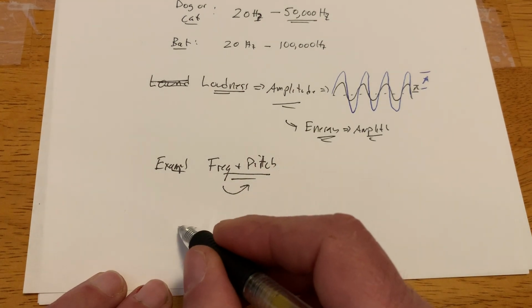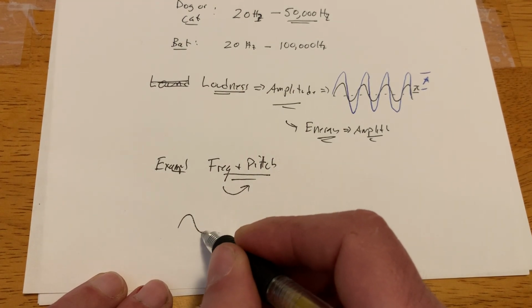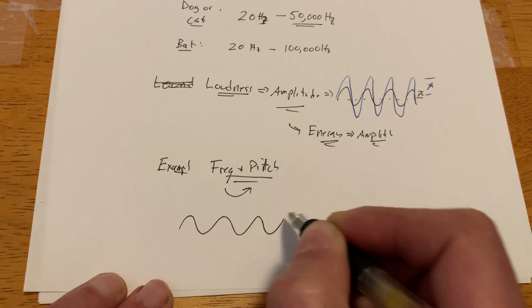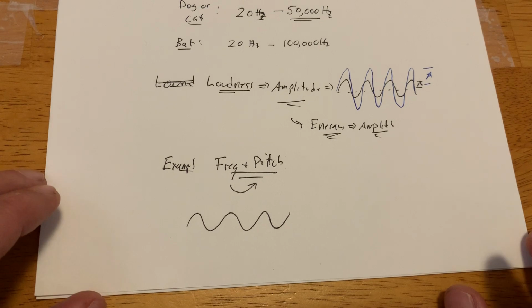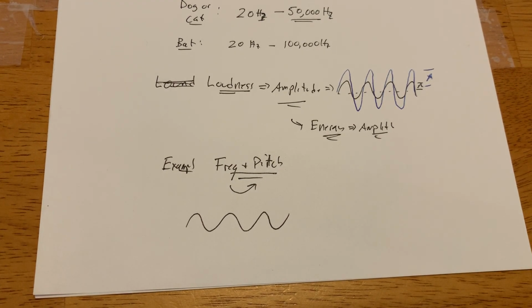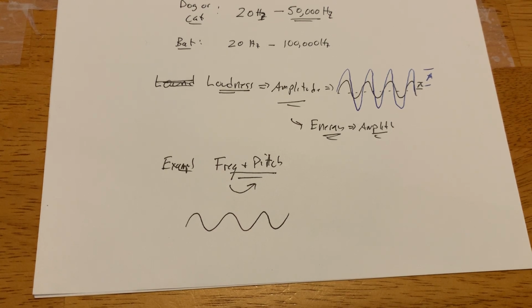So let's take a look at something. Let's take a look at this wave here. So here's a wave. By the way, I really want to talk about sound waves, but it's really hard to draw a sound wave. So I always draw them as if they're transverse, but they're not transverse, they're longitudinal. It's just easy to get the point across if I'm drawing a transverse wave.